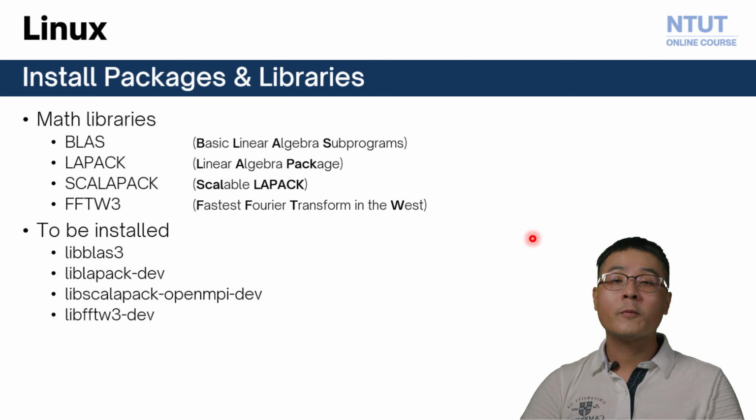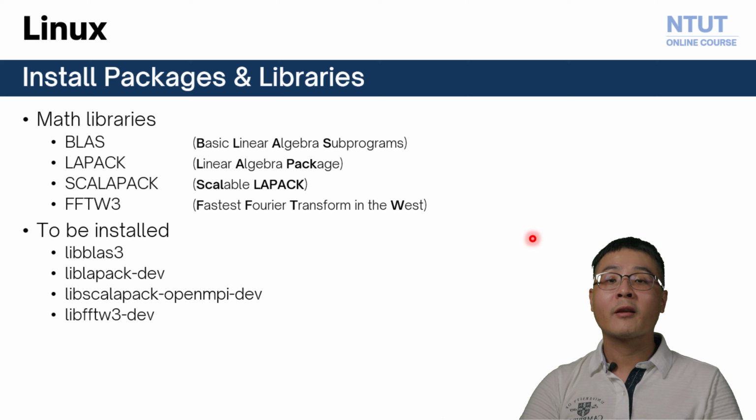So you have to install BLAS for linear algebra and LAPACK for another linear algebra and ScaLAPACK, the scalable linear algebra package, and FFTW in order to do some calculation about the fast Fourier transform. So the corresponding packages to be installed are listed below.